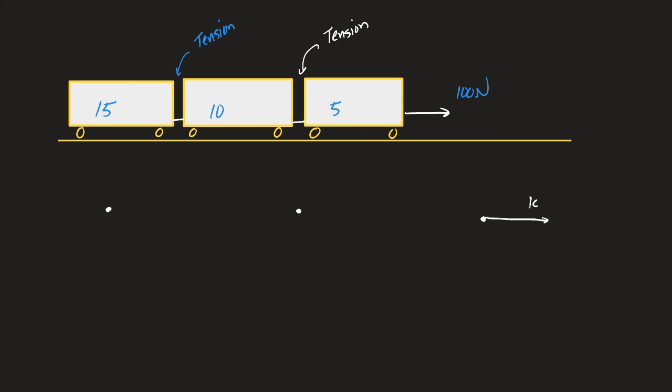Consider that we've got 100 newtons this way and T1 this way. There's got to be a tension that acts backwards on the car because it's connected by some cable to the other car. I go to the middle car, T1 this way, but it's also connected by a cable to the car behind it.